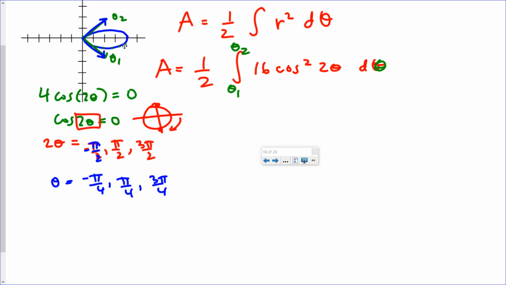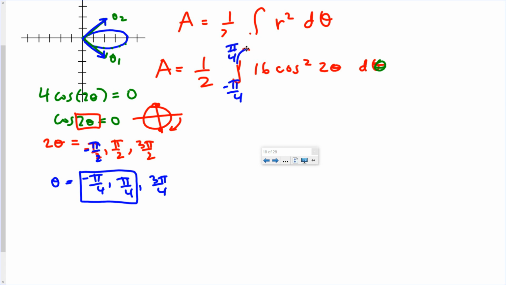They have to be in order, so small to big. Which 2 am I going to pick? Yeah, the negative pi over 4 and the pi over 4. So put that right here. These are your limits. The limits are the hardest thing to do, but you need to go home and practice these, okay, and figure out why it's the way it is, okay? So this is negative pi over 4 and pi over 4.